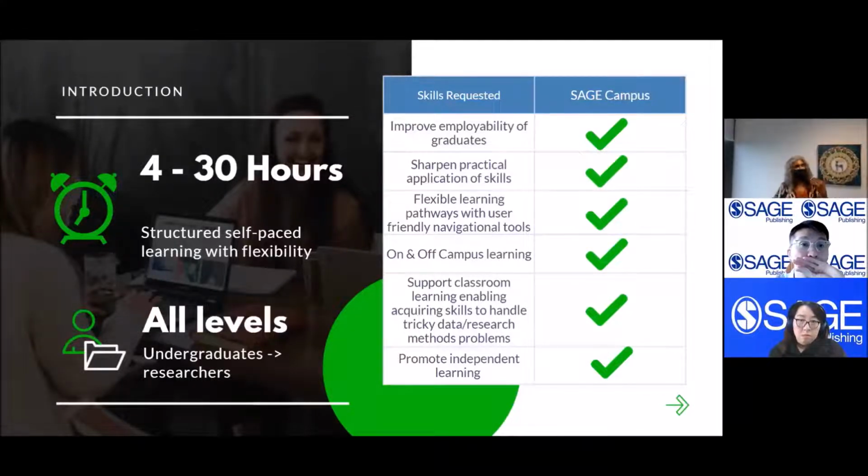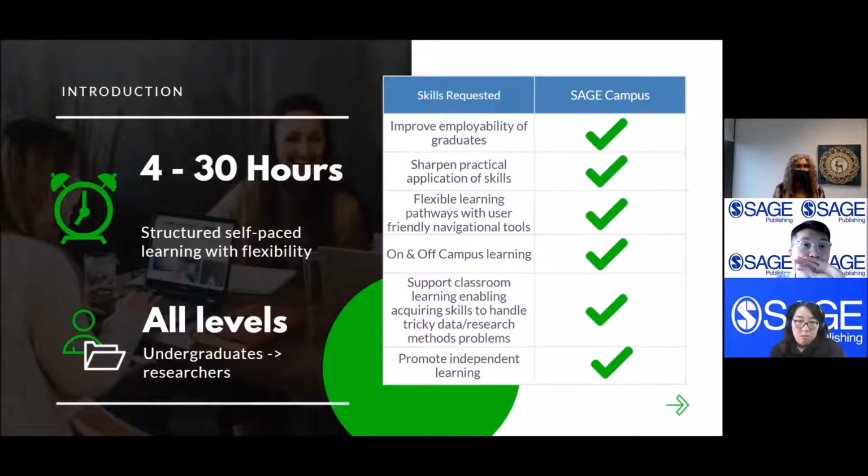It also must allow me to learn at my own pace and with flexibility of time. That was a major thing they wanted us to produce. And they wanted everything that covers every level from undergraduate, postgraduate to researcher.